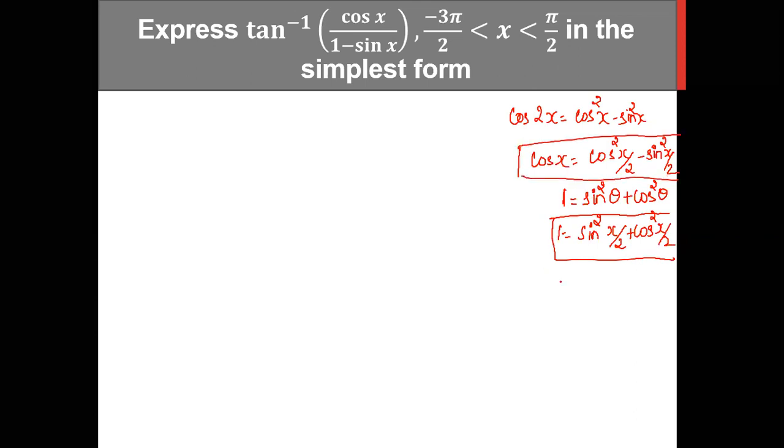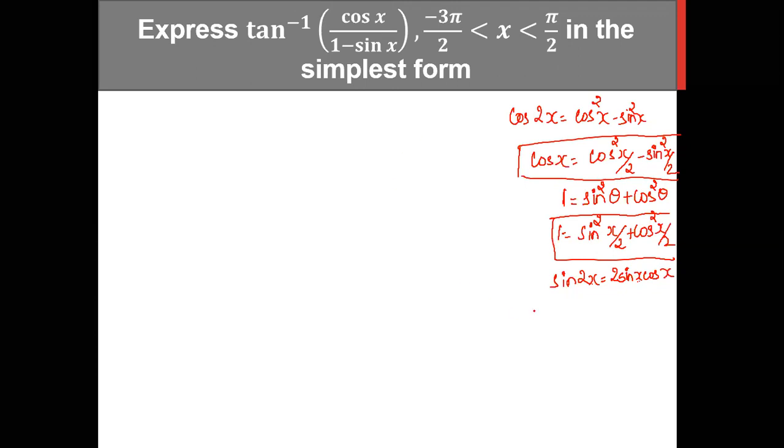Okay. So then we have sin x. We know the formula for sin 2x. What is the formula for sin 2x? It is 2 sin x cos x. Correct? So 2x is becoming x, that means the angle is becoming half. If it is 2x, it becomes x. If it was 4x, then it should be 2x.